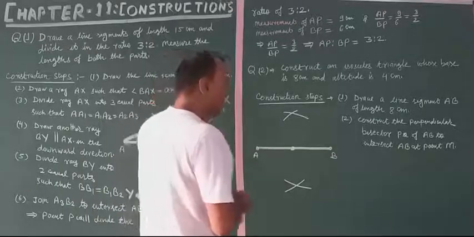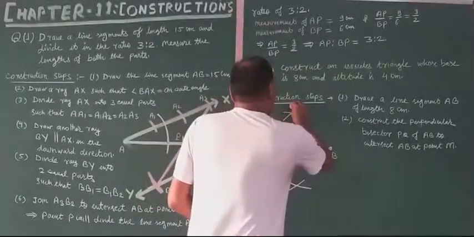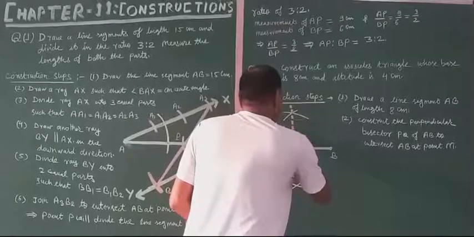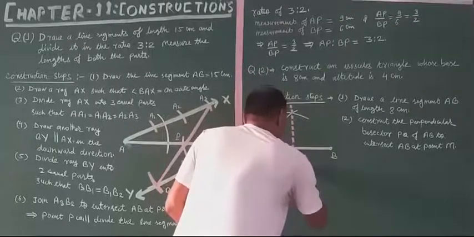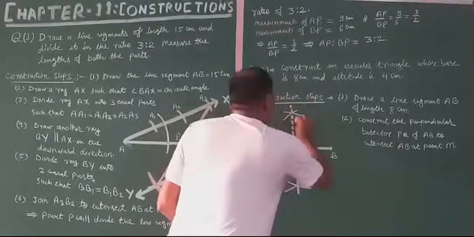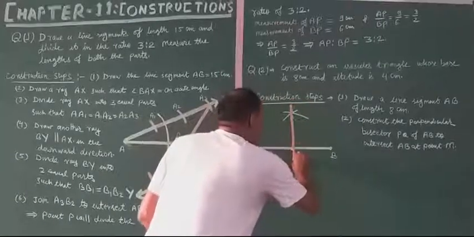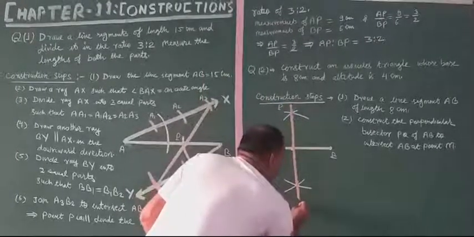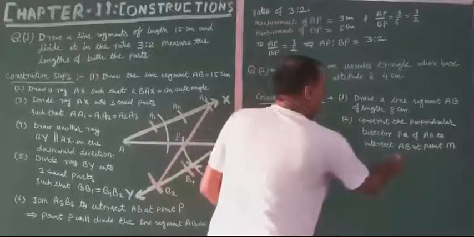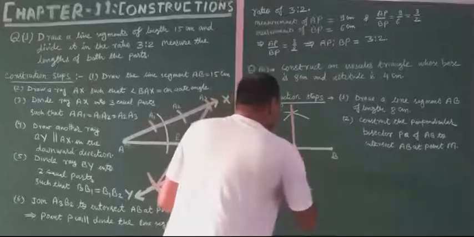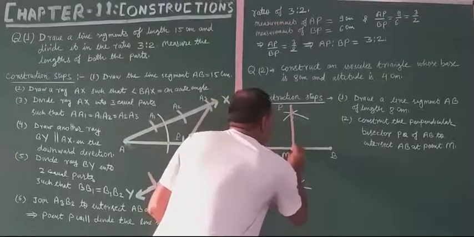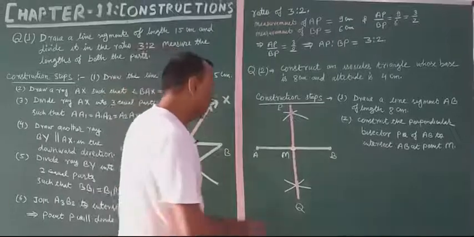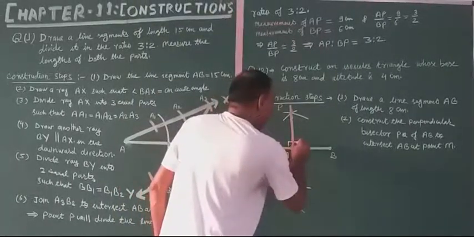This is PQ, which intersects AB at point M. Since it is the perpendicular bisector, these two angles will be 90 degrees.